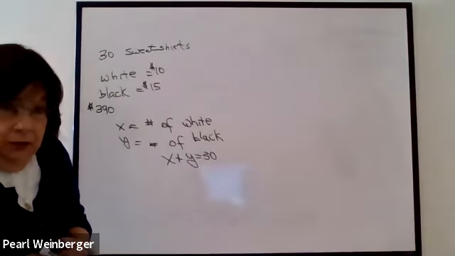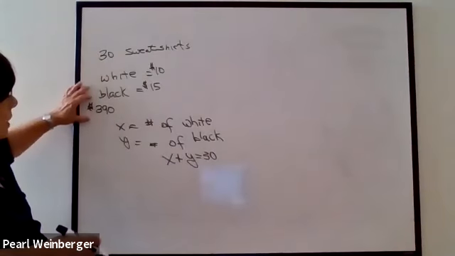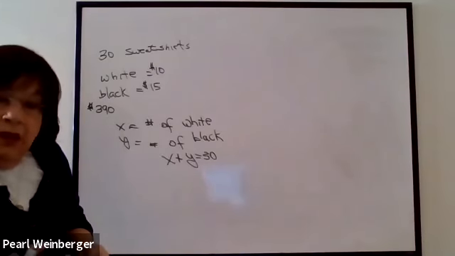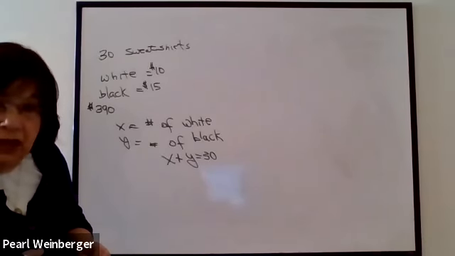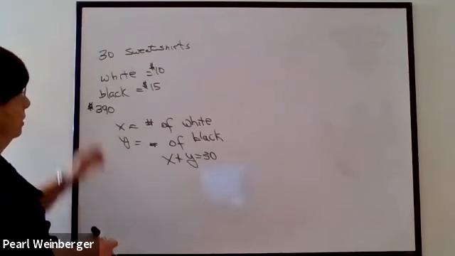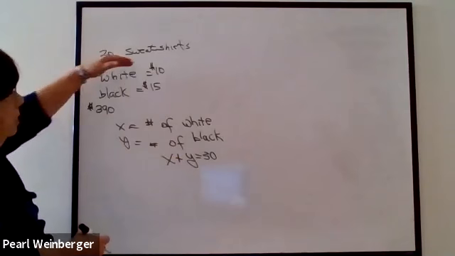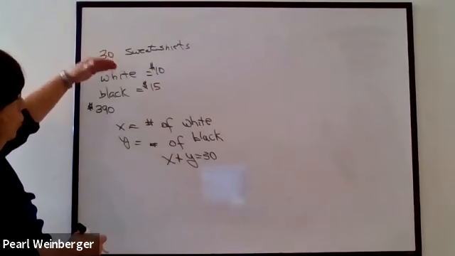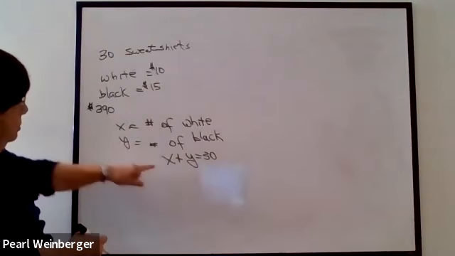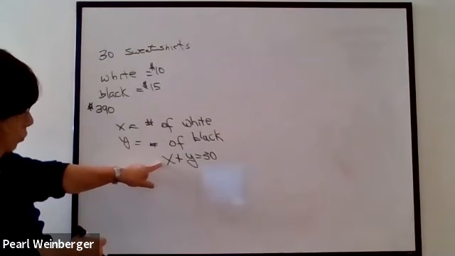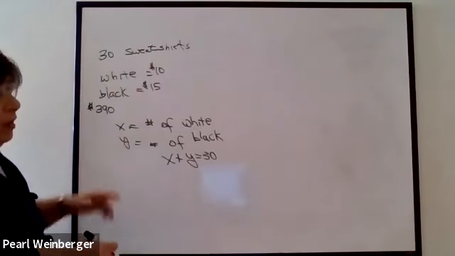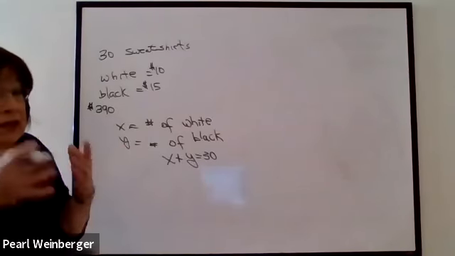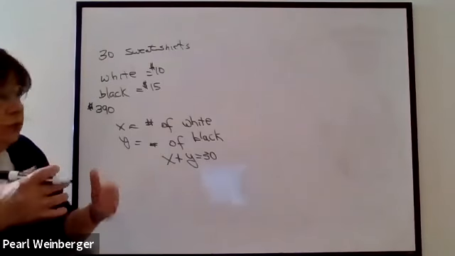Now we used the first fact, so let's go to the second fact: how much money he made. The money he made depends on the price of each item. So not only must we include the X's and the Y's, we also have to include the prices. The amount of money he made from white sweatshirts was X, how many whites there were, times 10. If he had 10 white sweatshirts, then the money he made was 10 times 10, the price times the number.